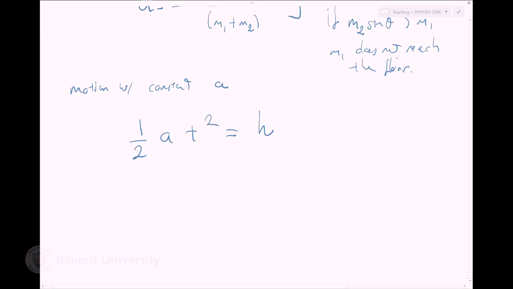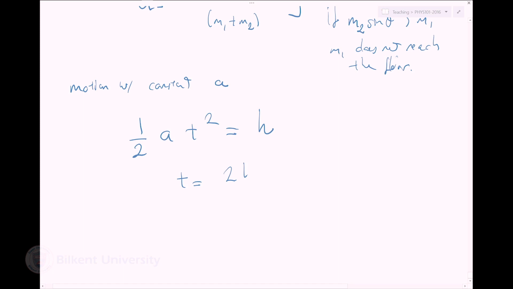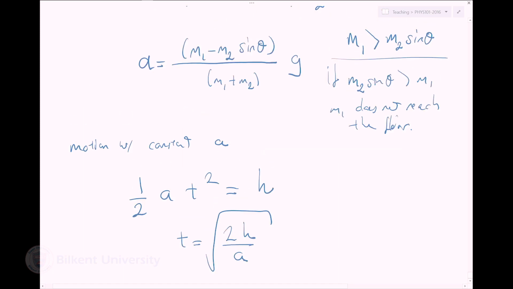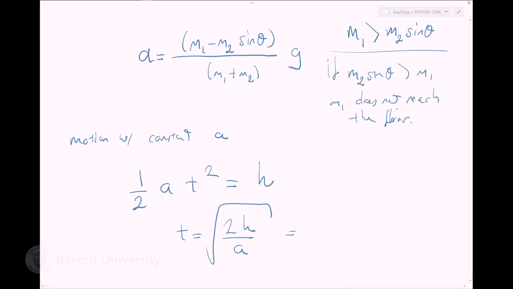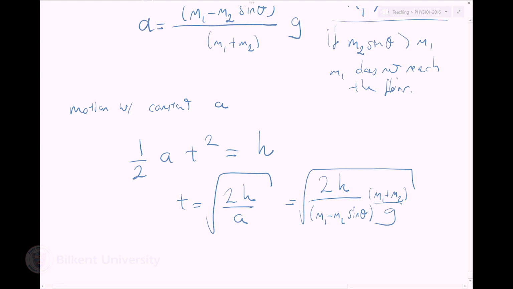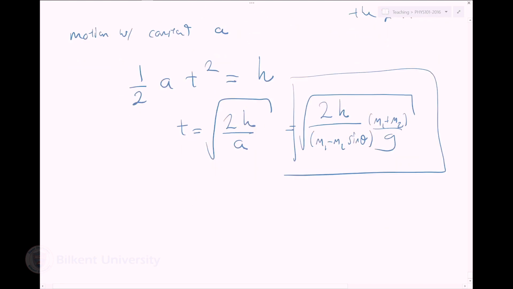So t is the square root of 2h over a, and I have the expression for a here: 2h divided by m1 minus m2 sine theta, m1 plus m2, no, g is down. And apparently that's the answer for the first part. Let me quickly do my check. The second part I'll solve in our next lecture.